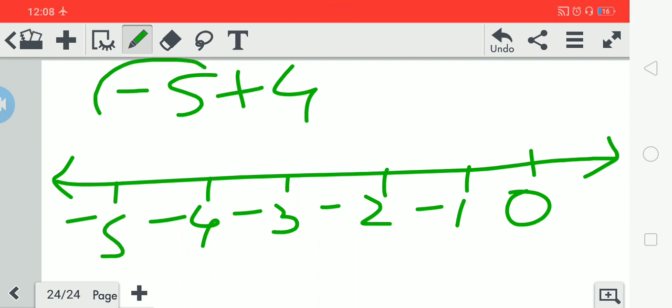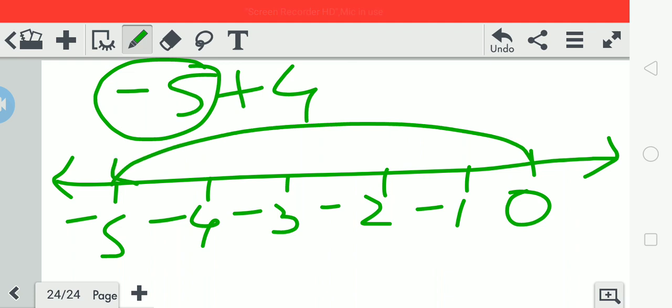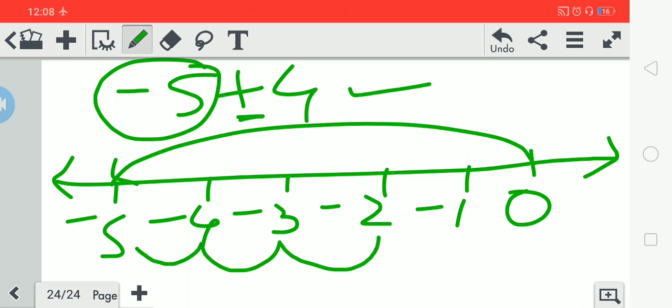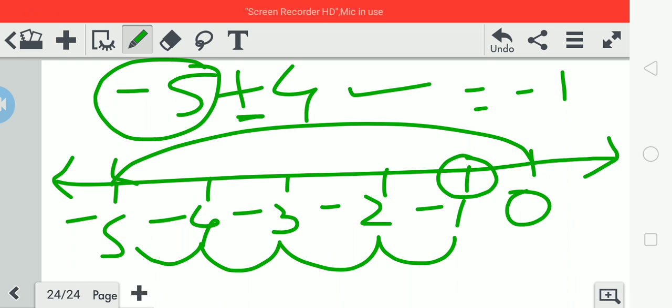Here first number is minus 5, so take a jump on the minus 5 first. Second number is plus 4, plus means right moves 4 times, 1 2 3 4. So you will reach at the minus 1. So answer of this question is minus 1, right? Take a second example.